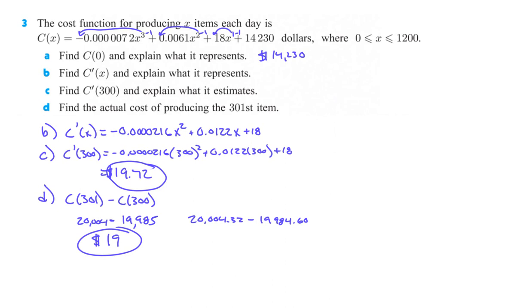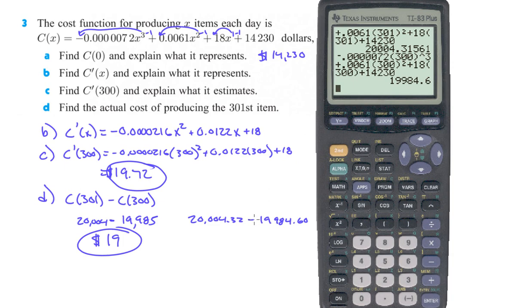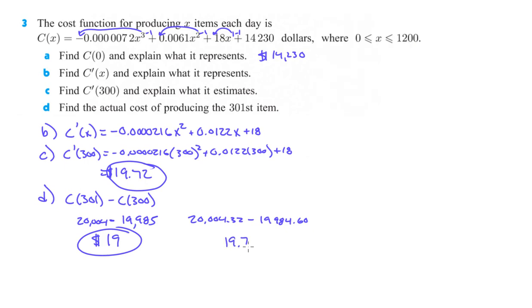But now if we actually take these numbers here and subtract them from each other, so we've got 20,004.32, don't forget the 32 cents, minus 19,984.6, then we actually get the $19.72 that it is supposed to be.